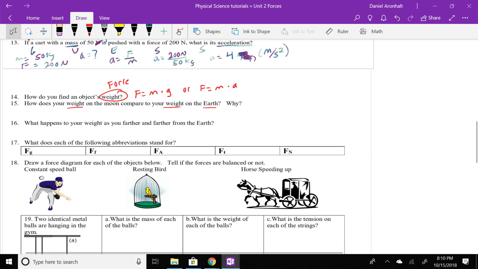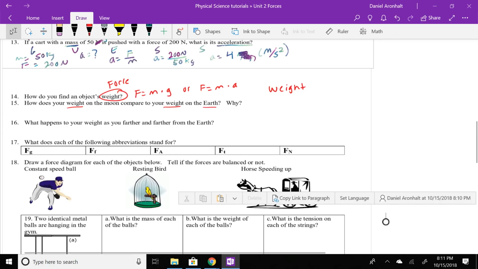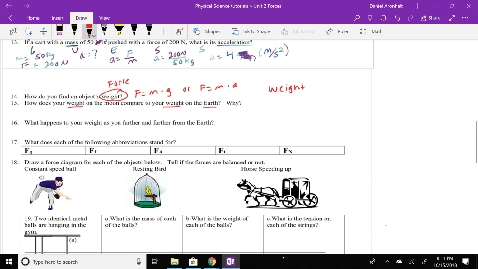Please, no students miss this. Remember, weight is the effect of gravity on your mass and can change, and mass is the number of particles that make you up. Mass can't change. Weight can change.